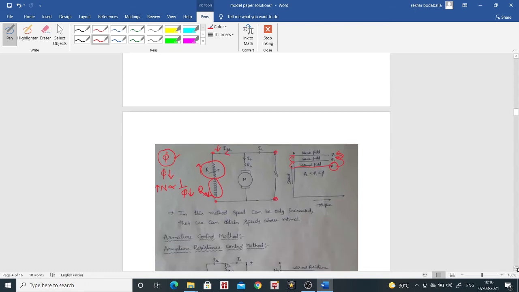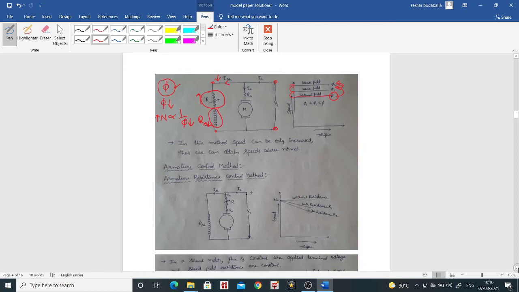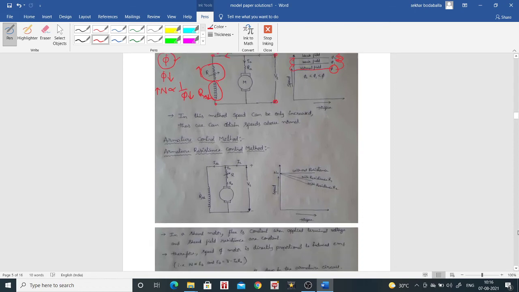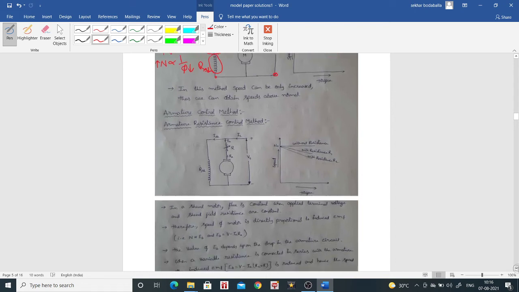Now let us understand the armature control method. In this method, the speed is directly proportional to the induced EMF, or back EMF, EB. In a shunt motor, flux is constant when the applied terminal voltage and shunt field resistance are constant. Here there is no resistance inserted in the shunt field winding, so it is fixed at RSH.